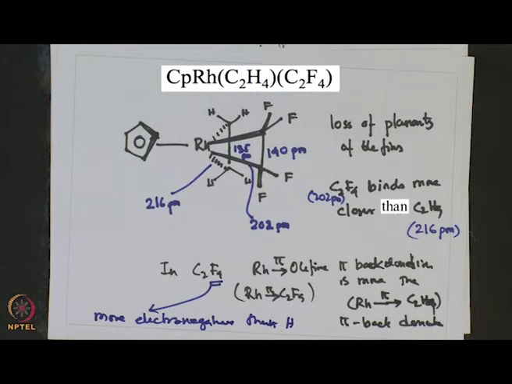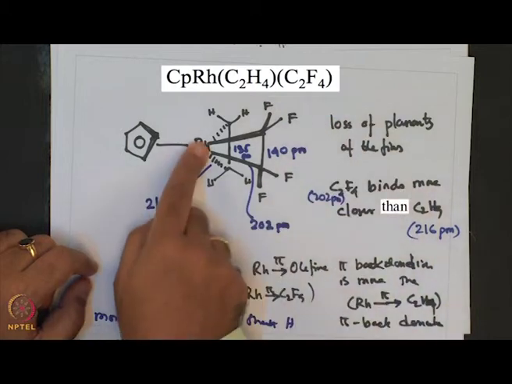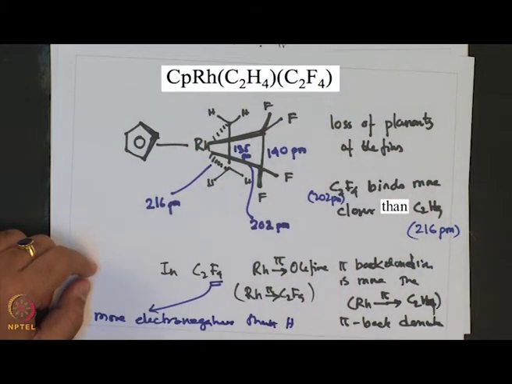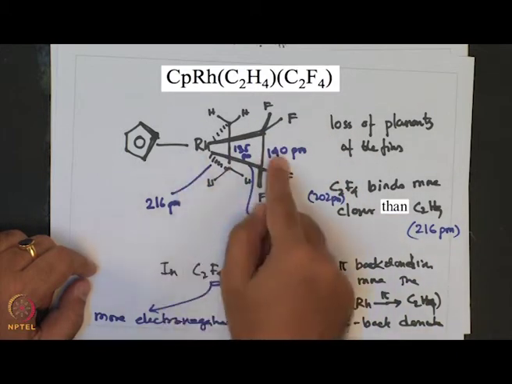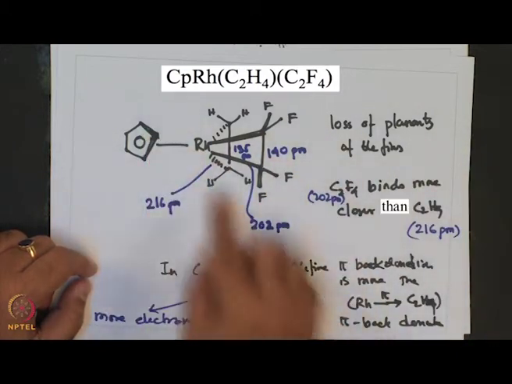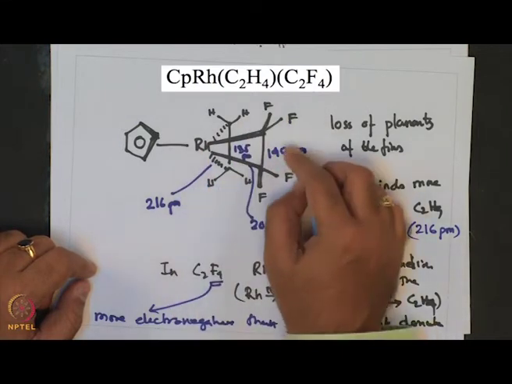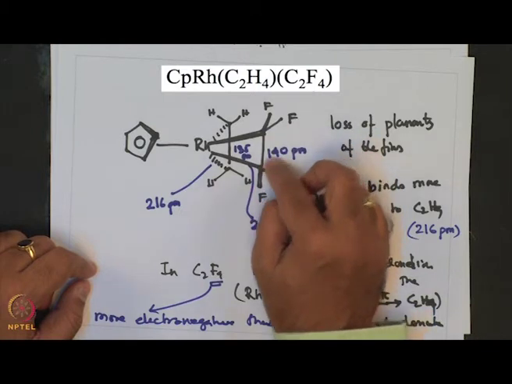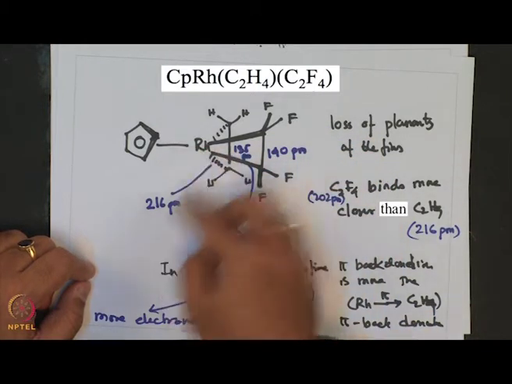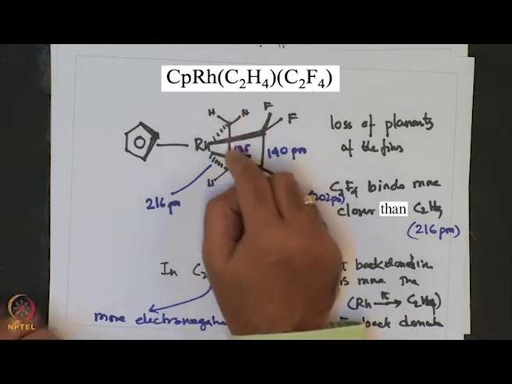Okay. So, what we have seen over here is that fluorine being more electronegative, the metal to ligand pi back donation is more acute in the C2F4. As a result, C2F4 is more tightly bound, closer to rhodium at about 202, and because of the more back donation, the CC bond is almost like a single bond character at 140 picometer, and because of the less back donation, the CC bond is shorter for the C2H4 moiety.